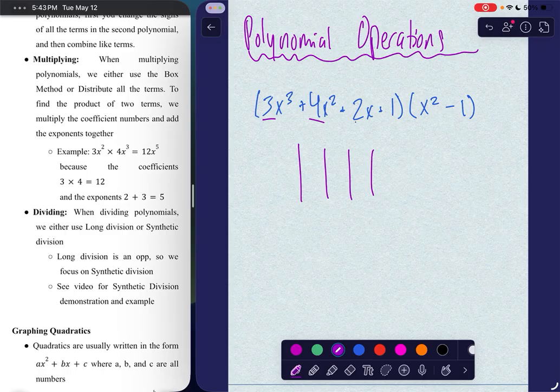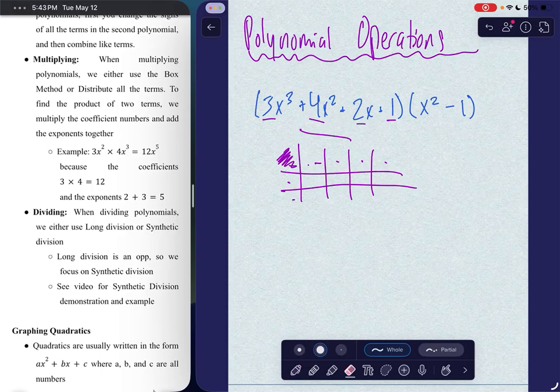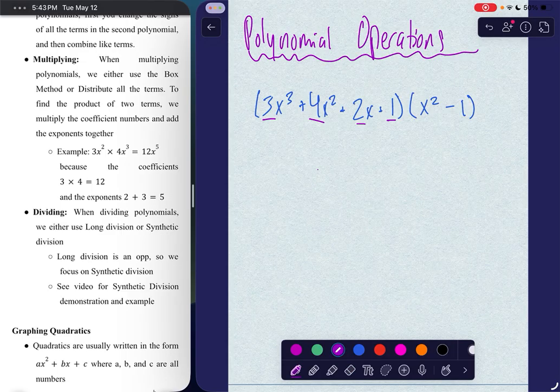So we have 1, 2, 3, 4 terms, and then 1, 2 terms here. So remember, this one won't be anything. But I'm going to remake this table a little bit because it's a little squished. Okay, there we go.